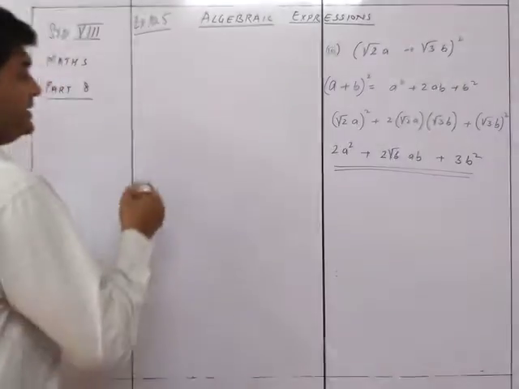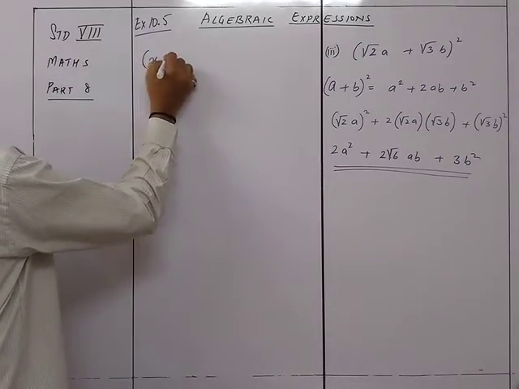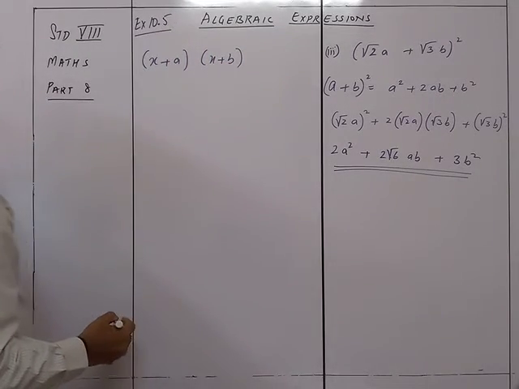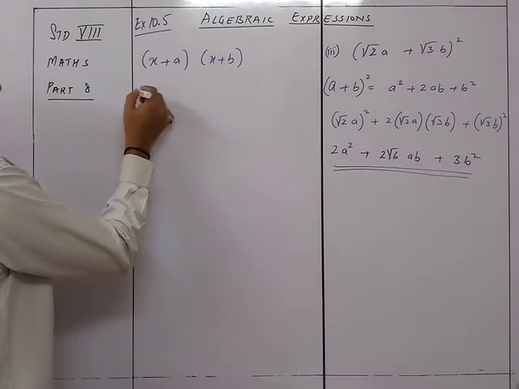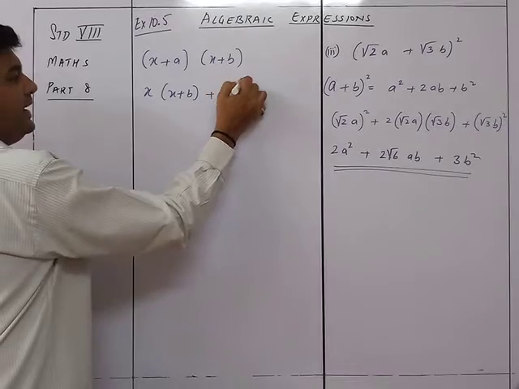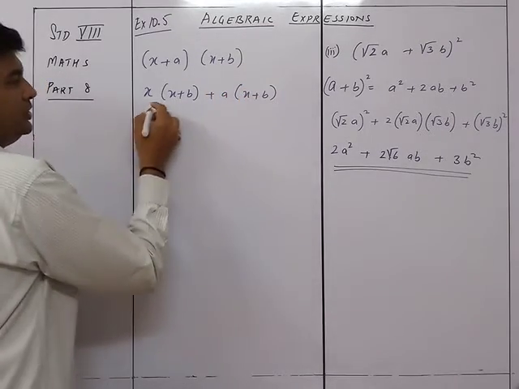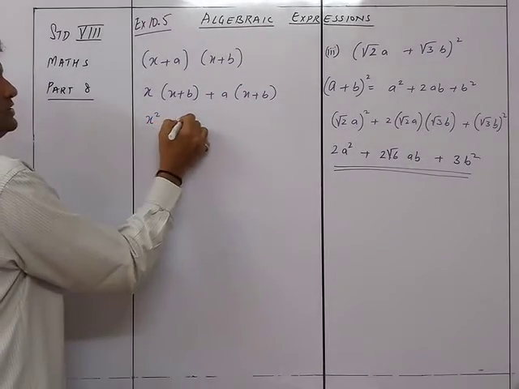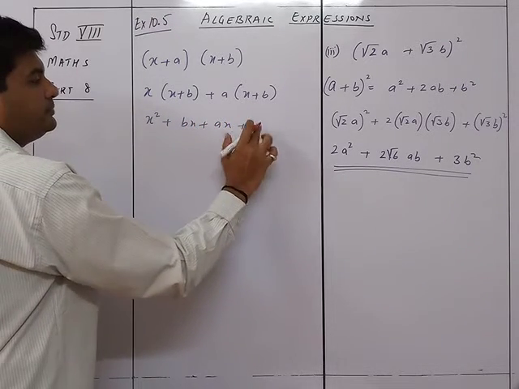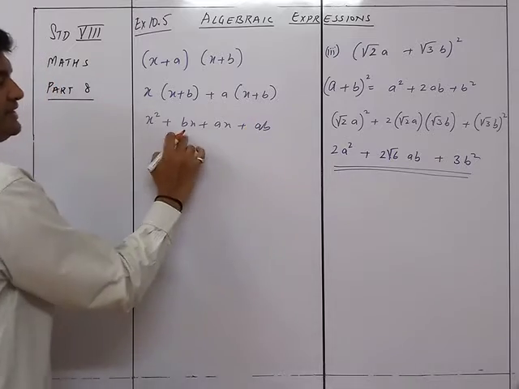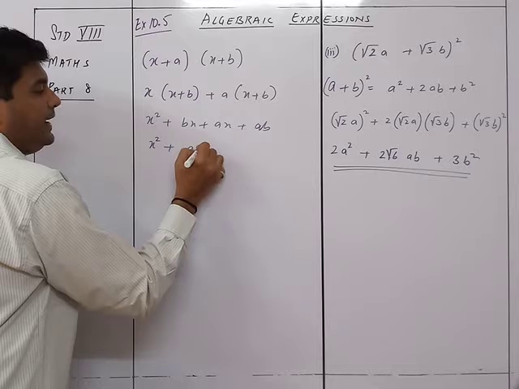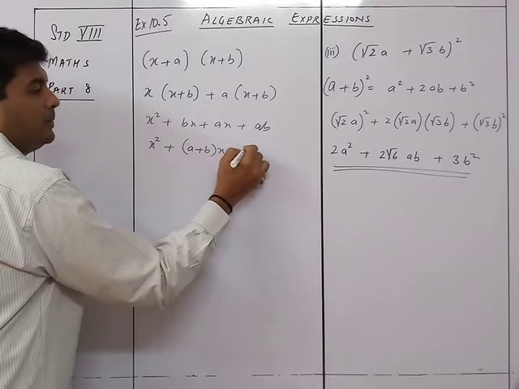So the identity is (x plus a) into (x plus b). If you multiply it, you know that it will be x into (x plus b) plus a into (x plus b). So that will be x square plus bx plus ax plus ab. So here you can see x is common. So what you get is x square plus (a plus b) the whole x plus ab.